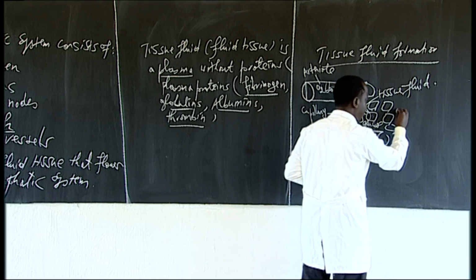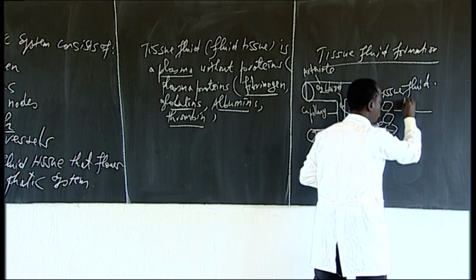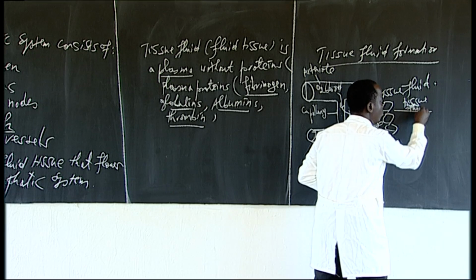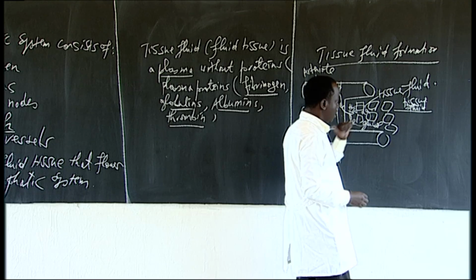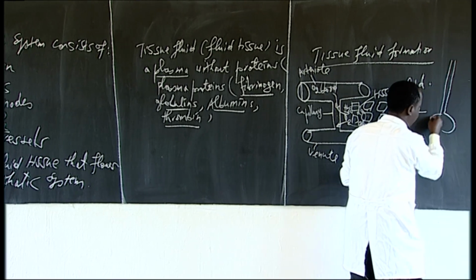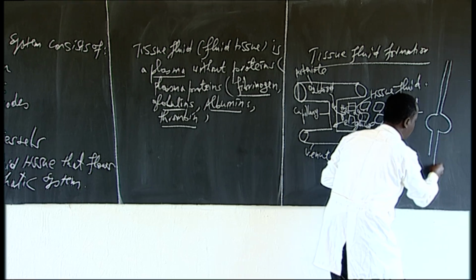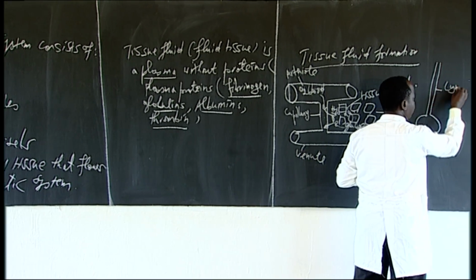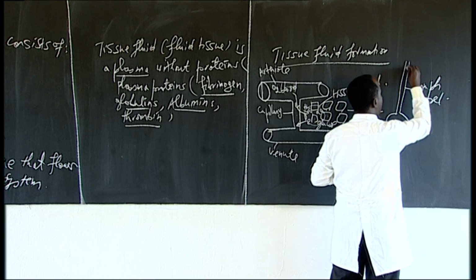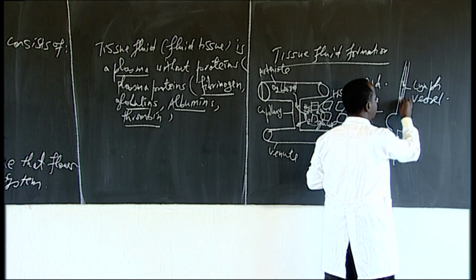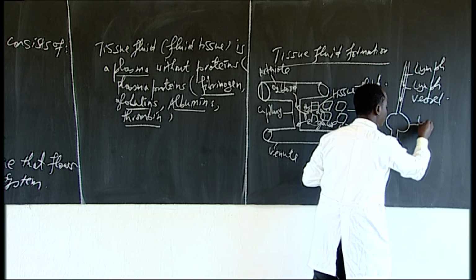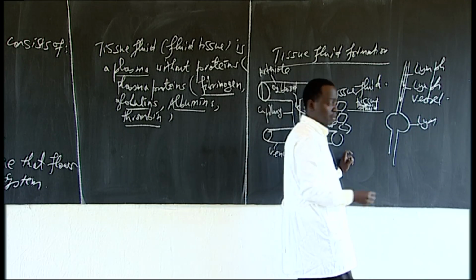And then the excess tissue fluid, that is not used by what? By the cells. It gets into another system called the lymphatic system. Here we have a lymph vessel, and then what is going to circulate here is what you call lymph, that contains those nutrients, and then this is what you call a lymph node.